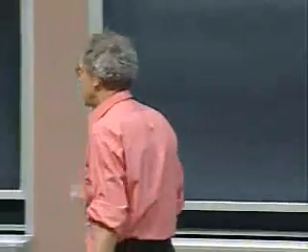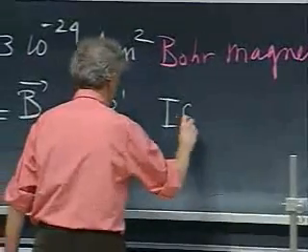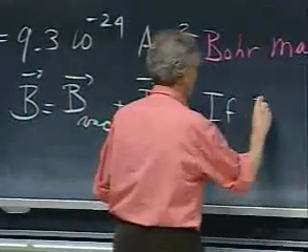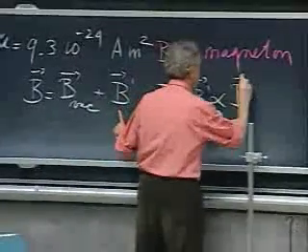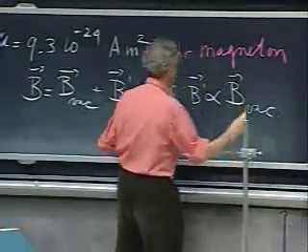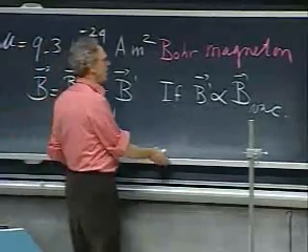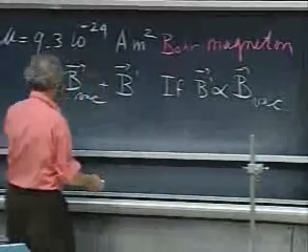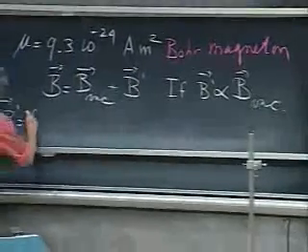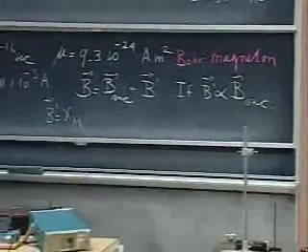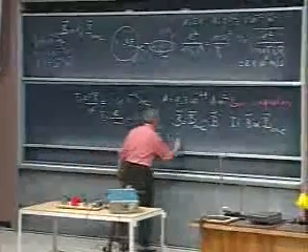If, and that's a big if, today you will see why it's a big if, B prime is linearly proportional to B vacuum, if that is the case, today you will see that there are situations where that's not the case, then I can write down that B prime equals chi m, we called that last lecture the magnetic susceptibility, times B vacuum.